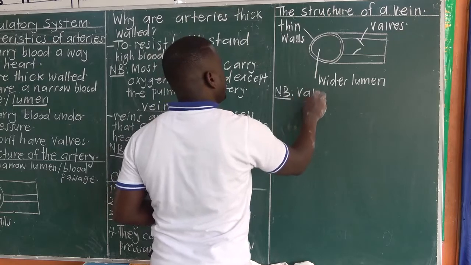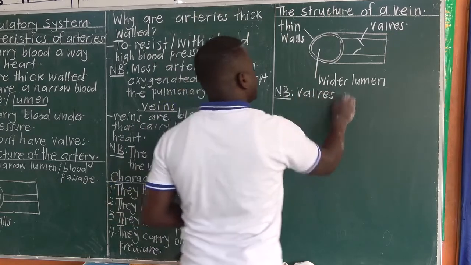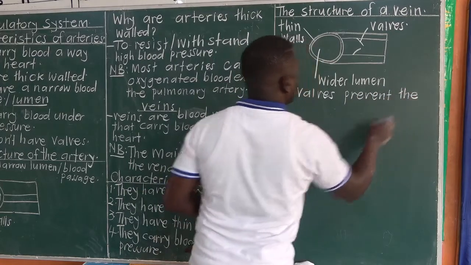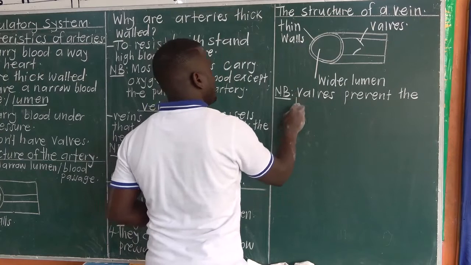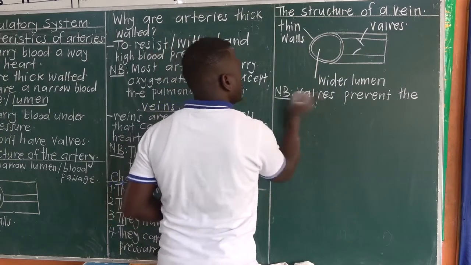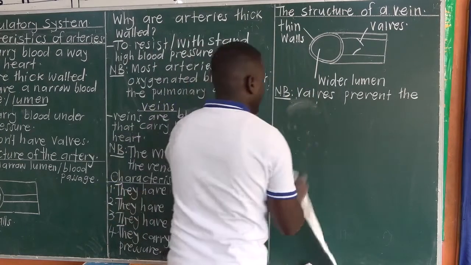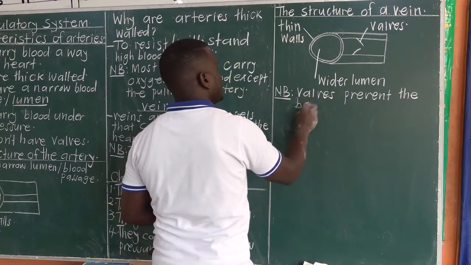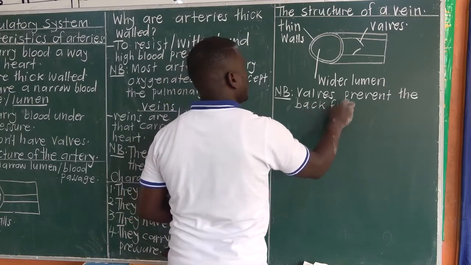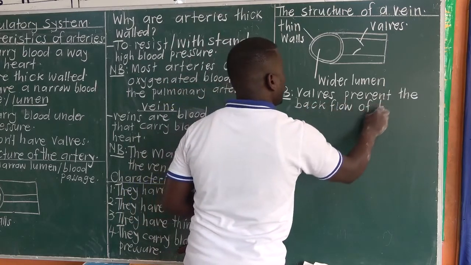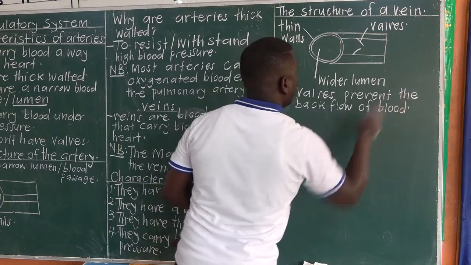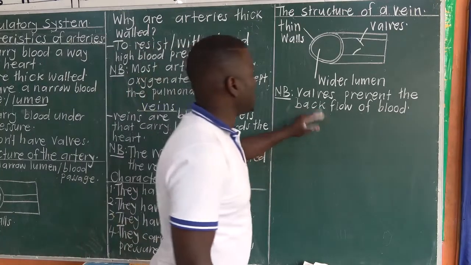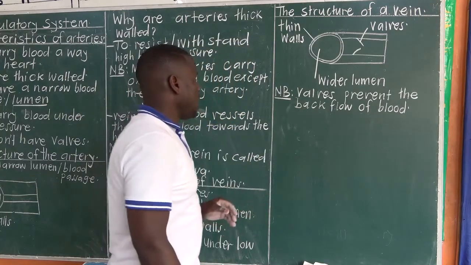Valves prevent the backflow of blood. So that's how valves are important in a vein.